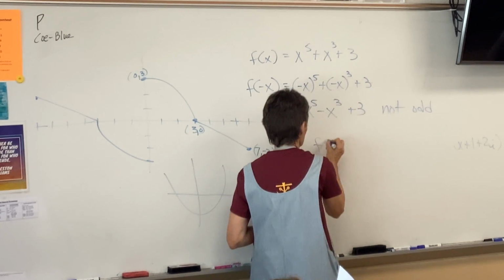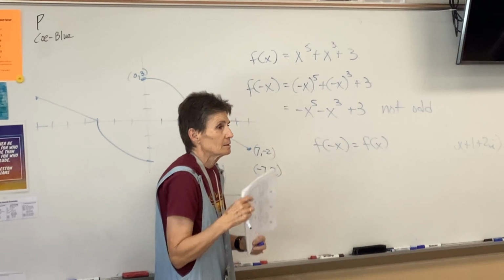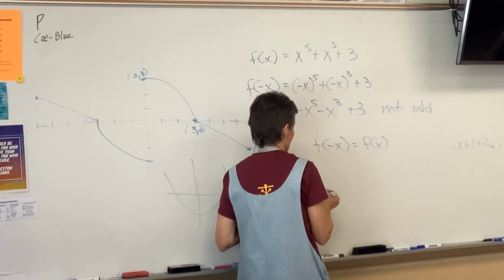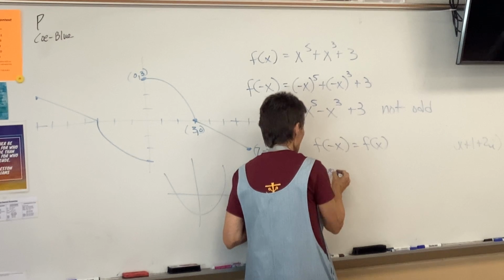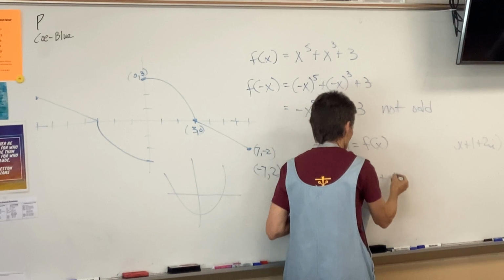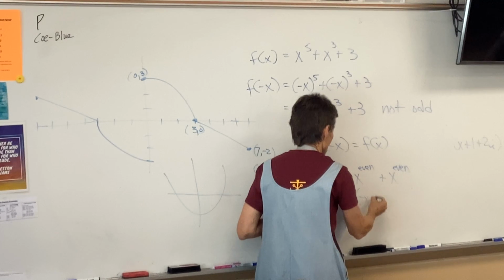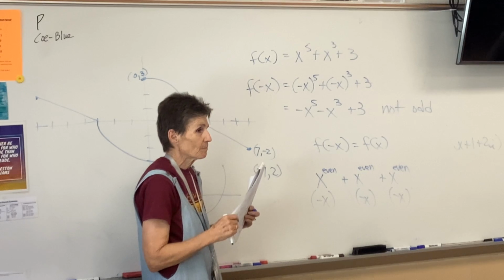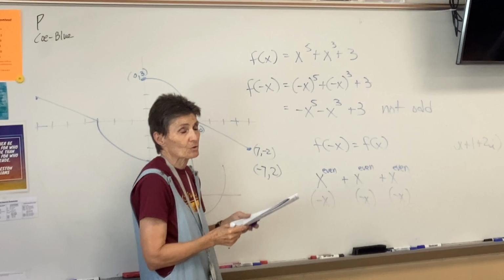So the definition of even is this. If everything has an even exponent, what is going to happen when you plug in negative x's for all these? Well, they cancel out the negatives, and so you will be left with exactly what you started with. So that's a true statement.